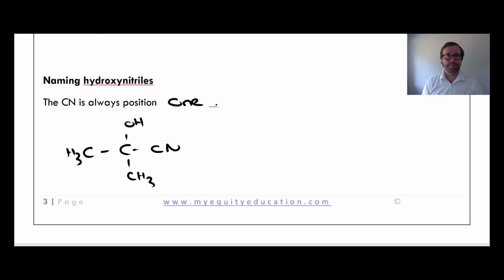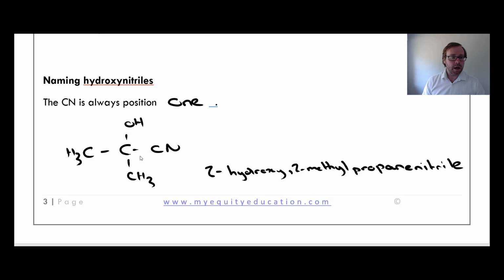Okay, so we know that the CN is always position number 1. The longest carbon chain is 1, 2, 3, so it must be propane nitrile. We also have a hydroxy group, an alcohol group on the second carbon, so 2-hydroxy. But we also have a methyl group, so it must be 2-hydroxy-2-methylpropane nitrile.